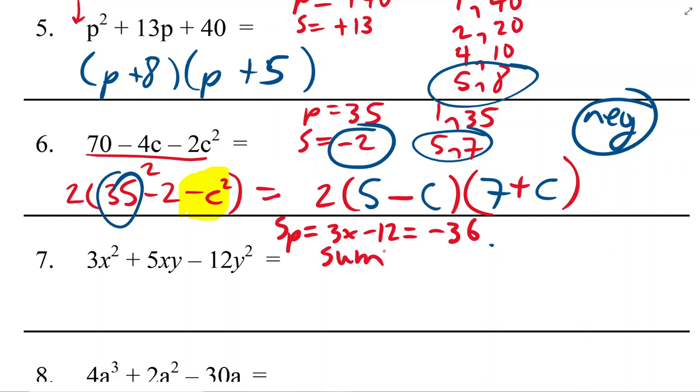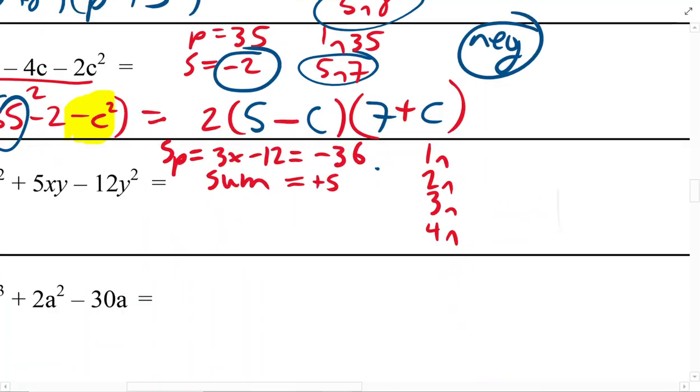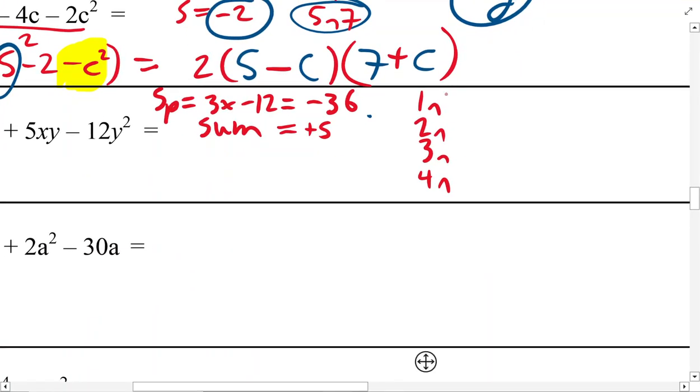And your sum equals plus 5. So let's figure out what numbers multiply to 36. 1 and, 2 and, 3 and, 4 and. Keep going. Figure it out. That's the first thing you got to do. I don't come up with them randomly. I actually work it out.